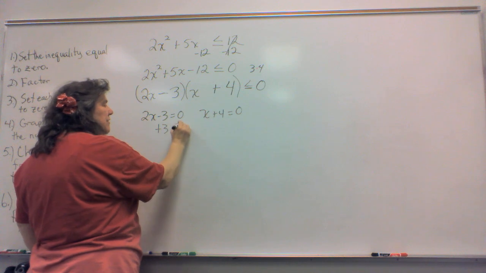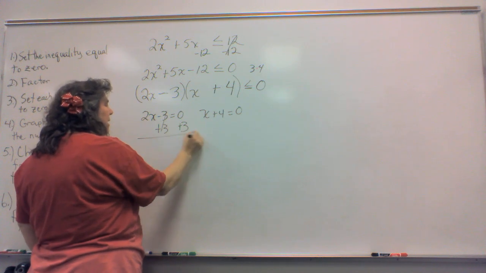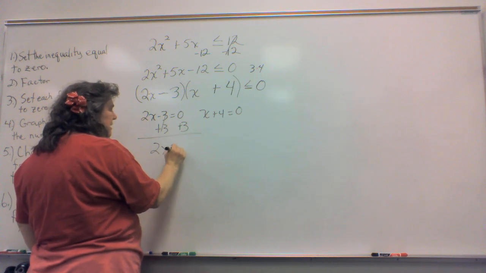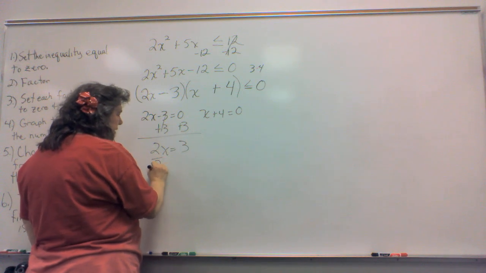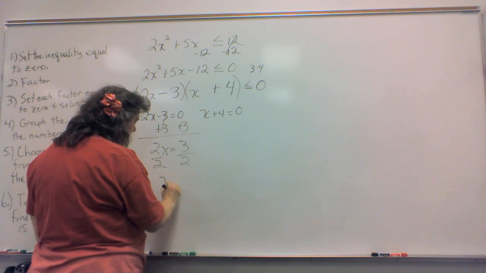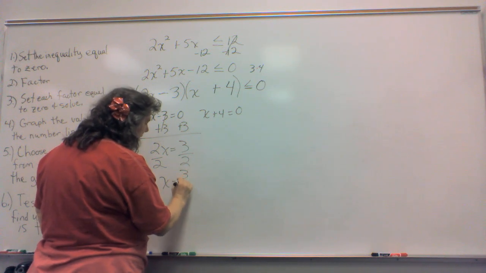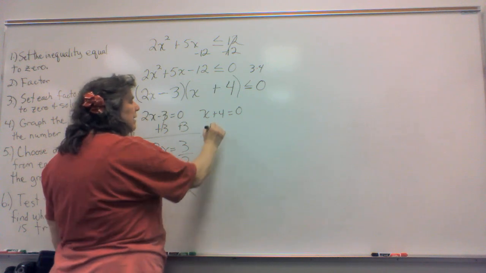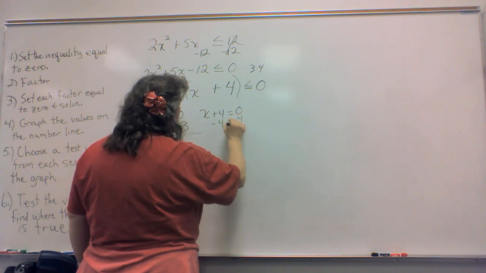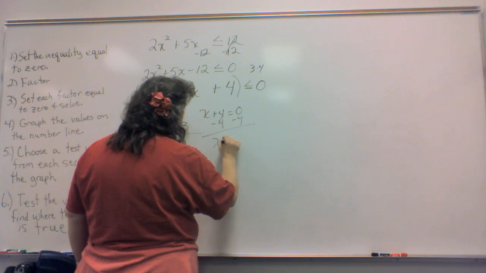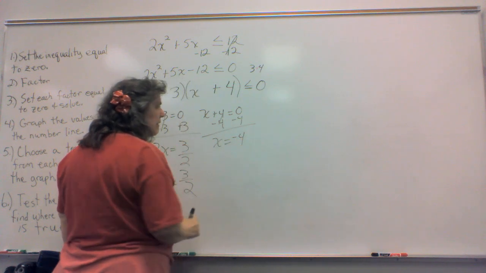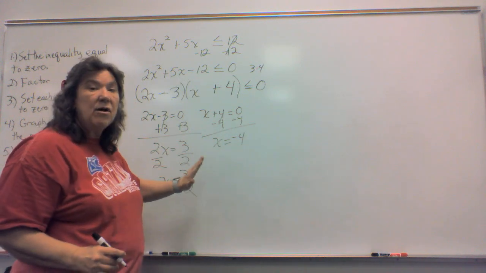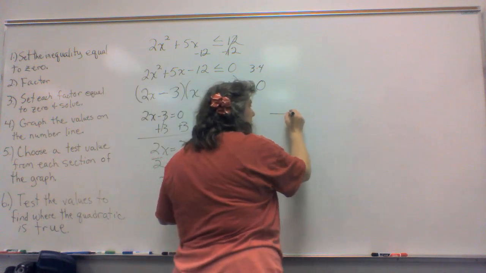Solve each one of these, and I get 2x is equal to 3. Divide by 2, and x is equal to 3 halves. Subtract my 4, and x is equal to negative 4. Now I need to put this on the number line. So let's put our number line over here.